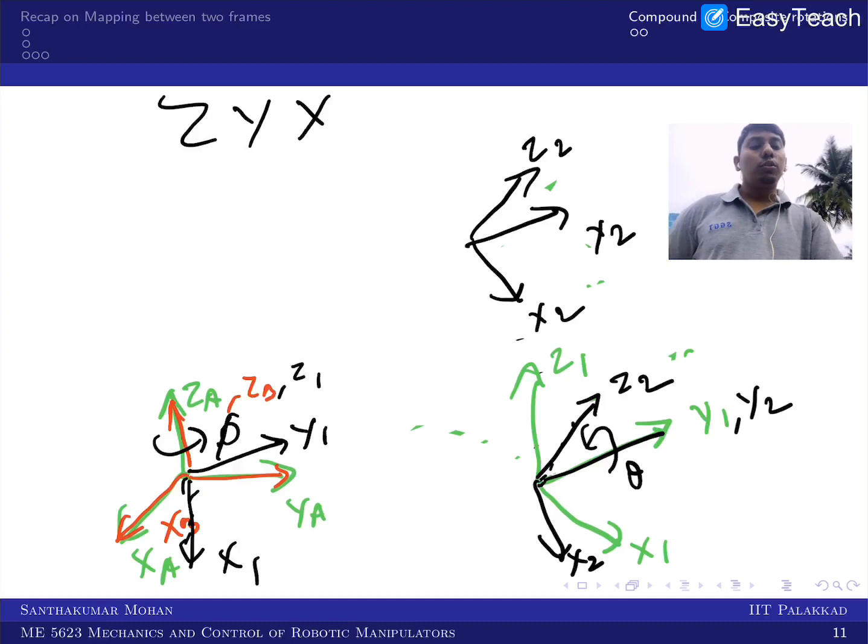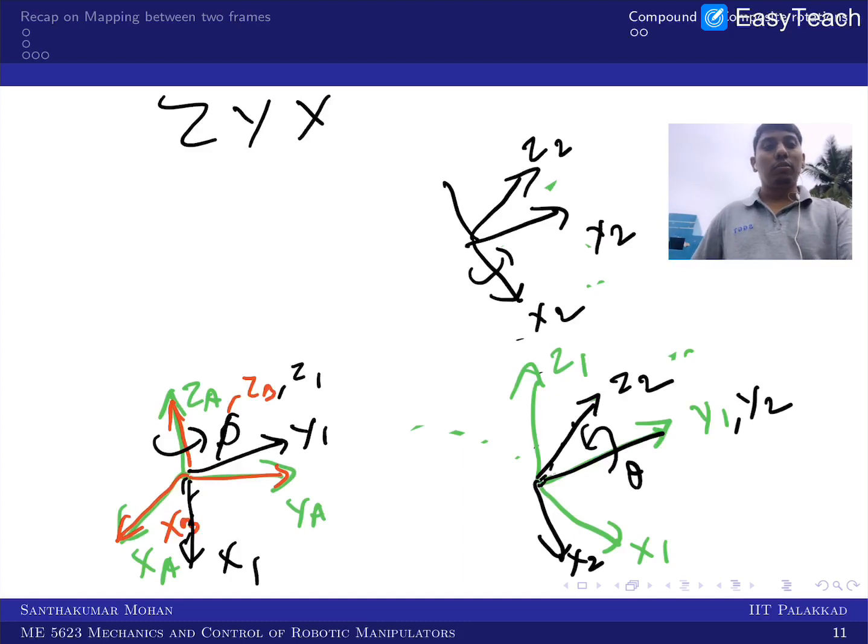So now the third rotation about x. So now I am taking x2 as the reference, I am trying to rotate. So now this is going to happen like this. So this is the way of rotation, so it is something like this. Okay. So now this is going to rotate. So I just use a different color. So this is z3, and this is y3, and this is x3.